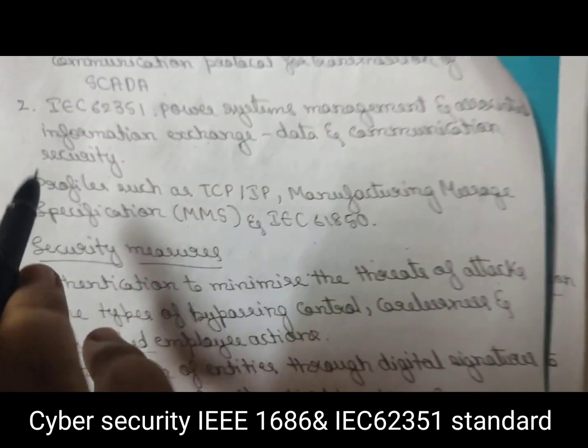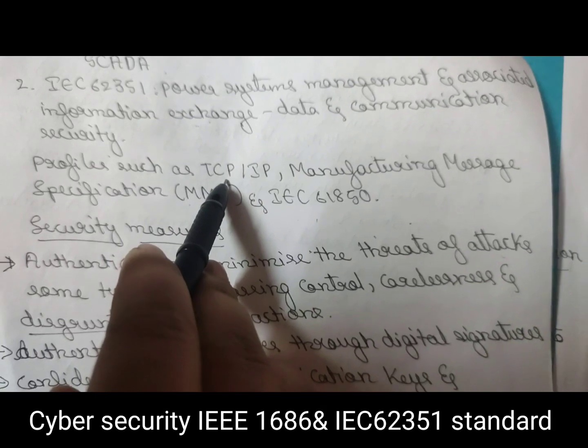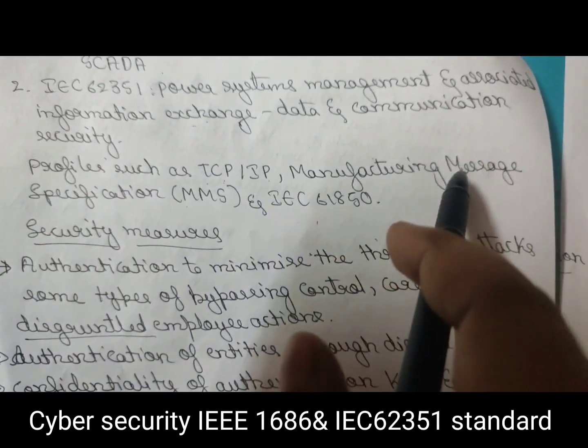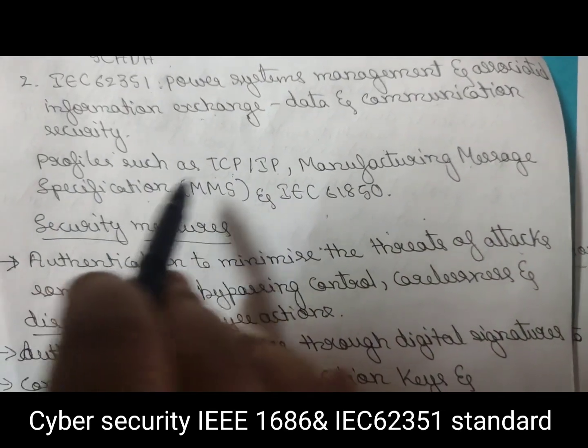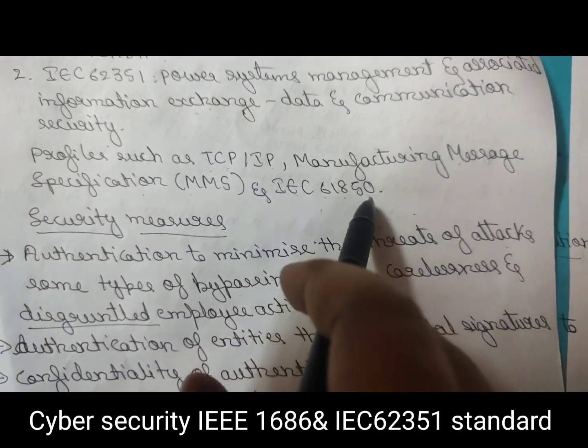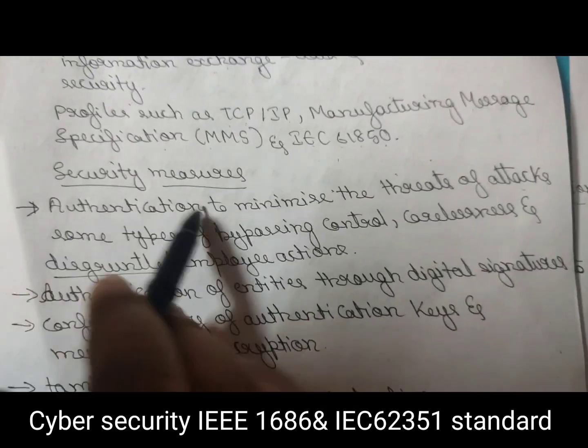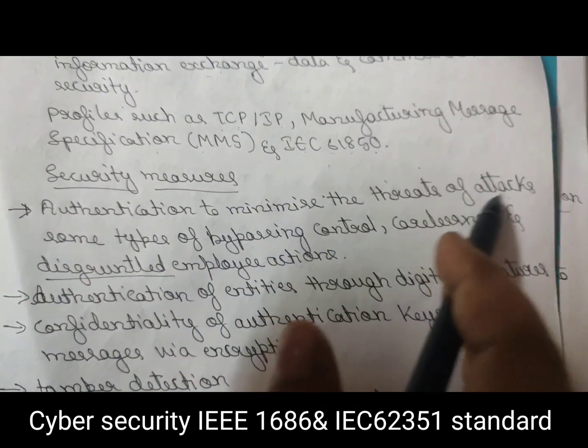Here, profiles such as TCP, transmission control protocol and internet protocol, manufacturing message specification, and IEC 61850 are covered. What security measures should they take? Authentication to minimize the threats of attacks.